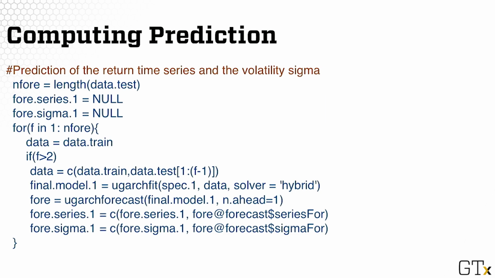Thus, with each prediction, the training data set changes. After the model fit, the one lag prediction for both the mean and the variance are obtained using the ugarchforecast R function. We thus obtain predictions at each time point within the time period of the 2 months. We apply the same code for both models and for all three currencies.